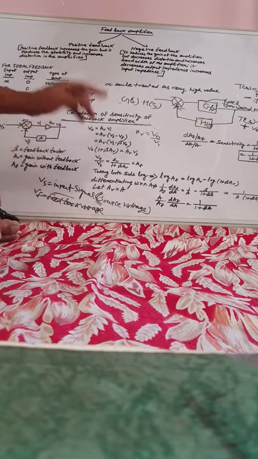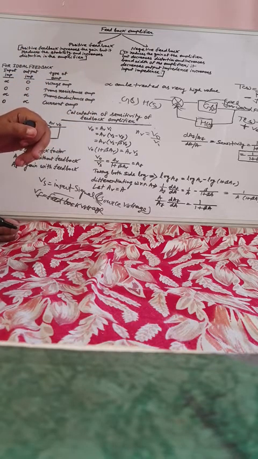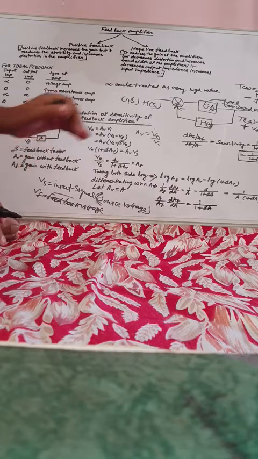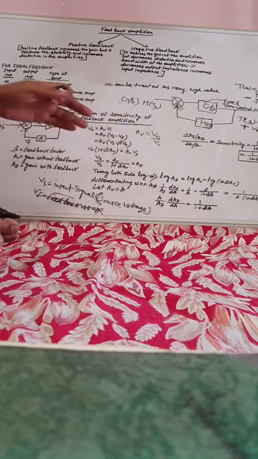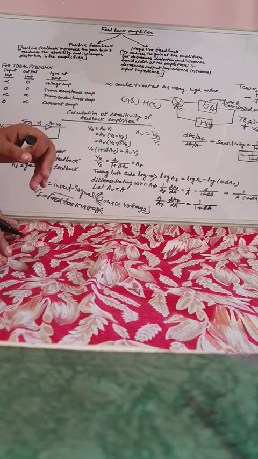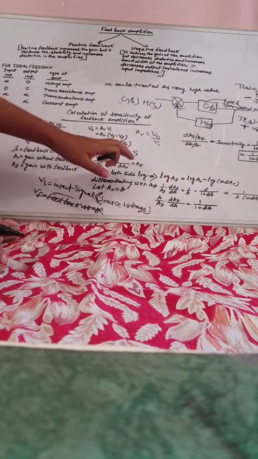So Vi equals Vs minus Vf, and Vf is equal to beta V0. So V0 by Vs, after calculation, your V0 by Vs ratio will be A_V divided by 1 plus beta A_V.